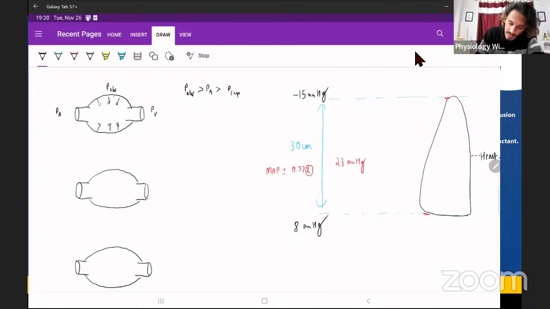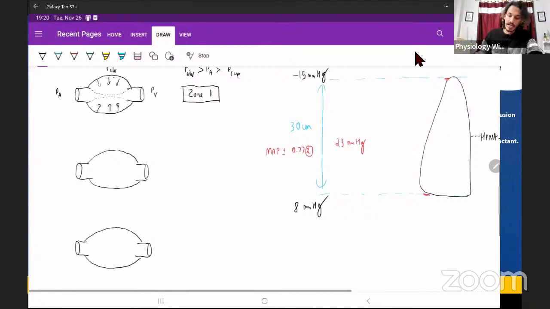So what will happen? The artery and the capillary will be narrowed and even collapsed. This is what we call a zone 1. This is one kind of zone that can exist. Zone 1, where they are collapsed because alveolar pressure is higher.